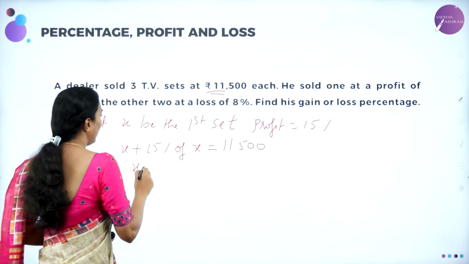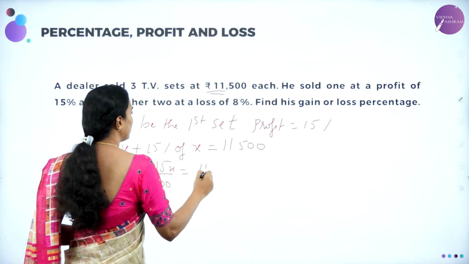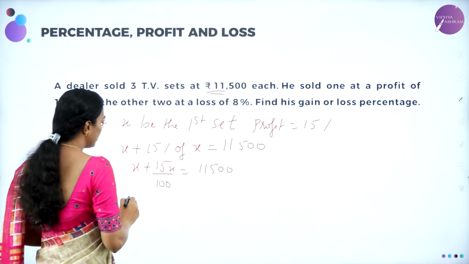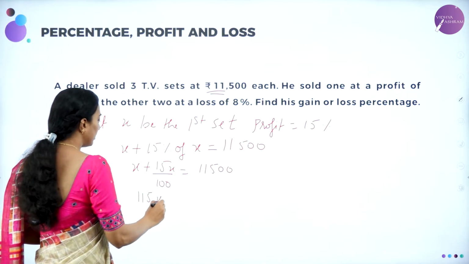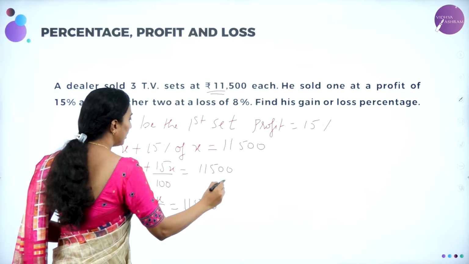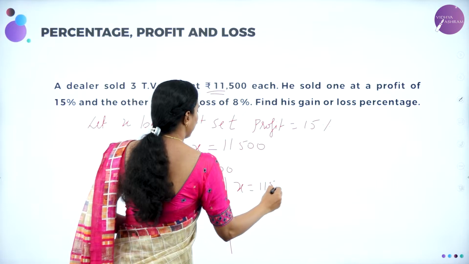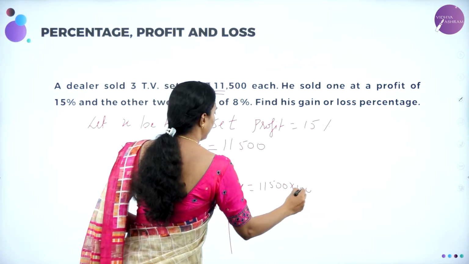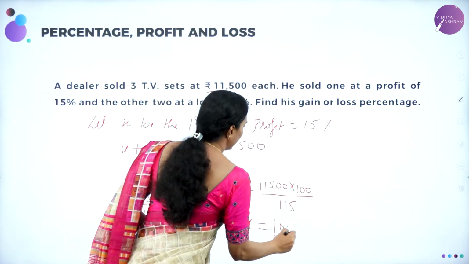So x plus 15 divided by 100 into x is equal to 11,500. So 100x plus 15x is 115x divided by 100 equal to 11,500. Otherwise, x is equal to 11,500 into 100 divided by 115.